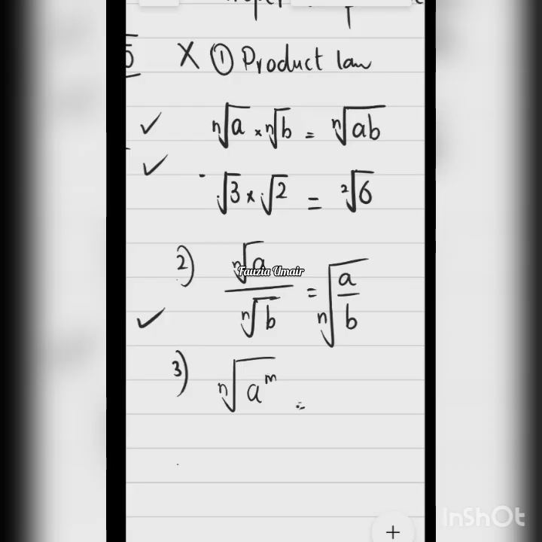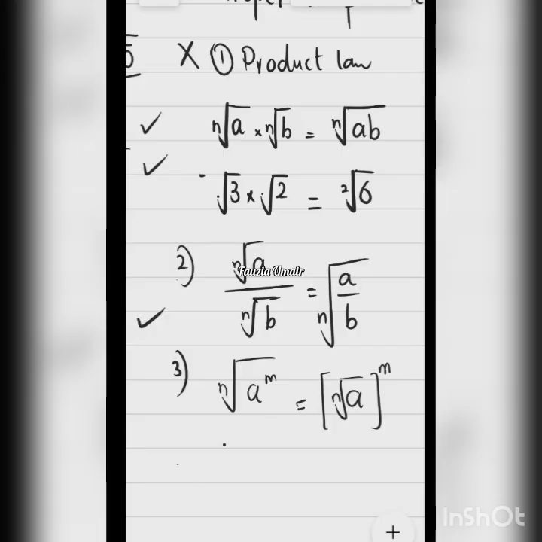So we can say it is the nth root of a, whole power m. What we are doing is taking this power outside. If this is not clear, I can give you one example.